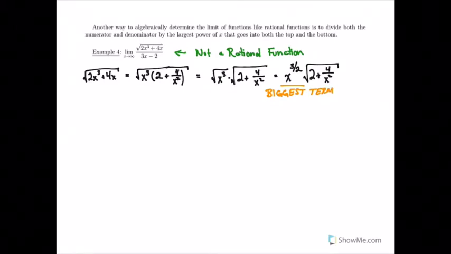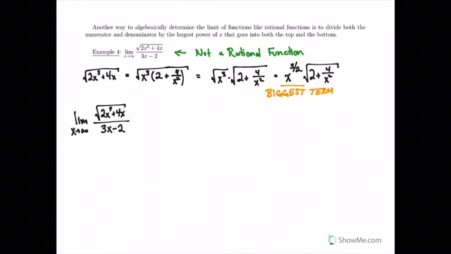So let's take care of this limit now with this idea that we're going to divide by that x to the 3 halves in the top and the bottom. Now let's look at this limit. We'll rewrite the limit first. Square root of 2x cubed plus 4x over 3x minus 2.